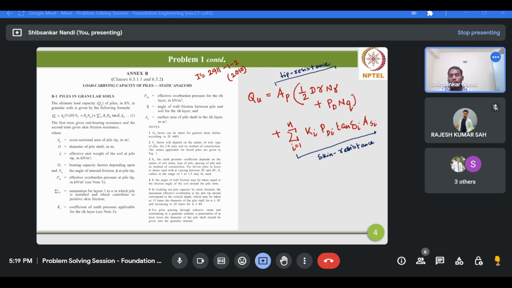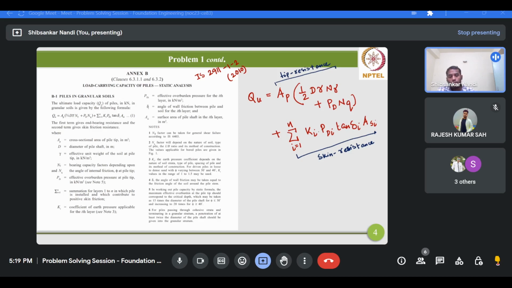If the soil you encounter in the field is layered, or you encounter a water table inside the soil or along the pile length, then you have to go layer-wise. That we have seen in the last class.